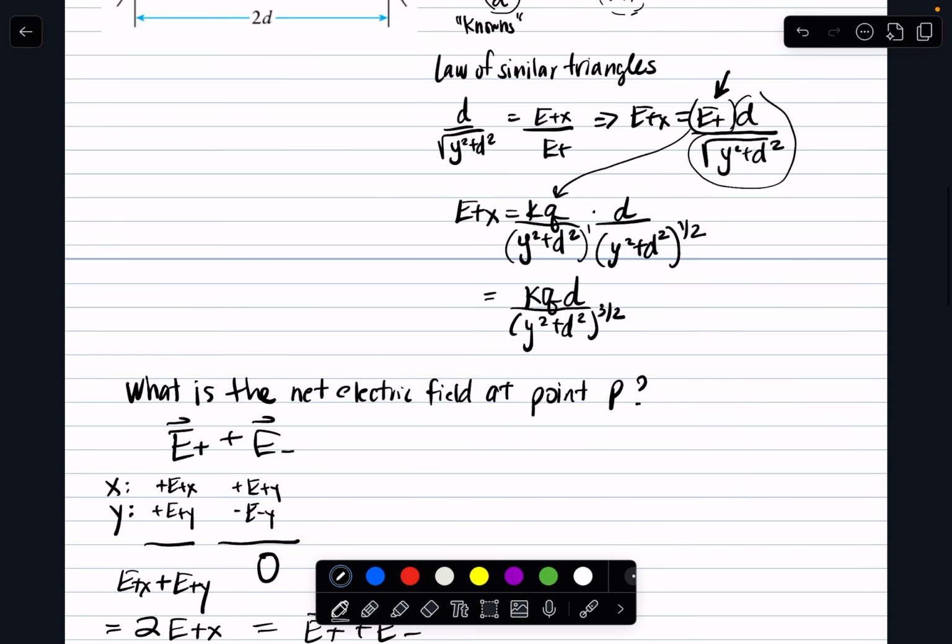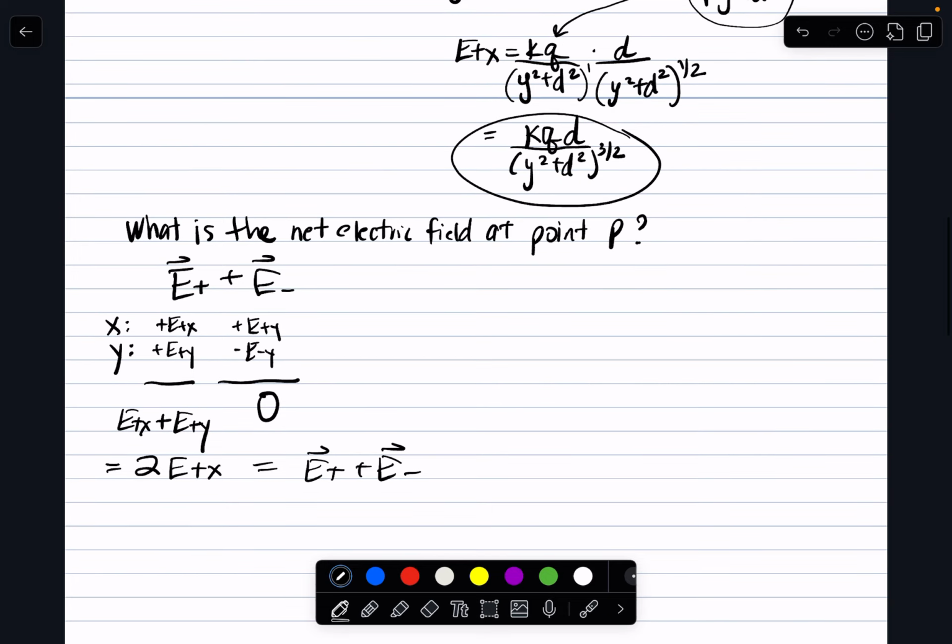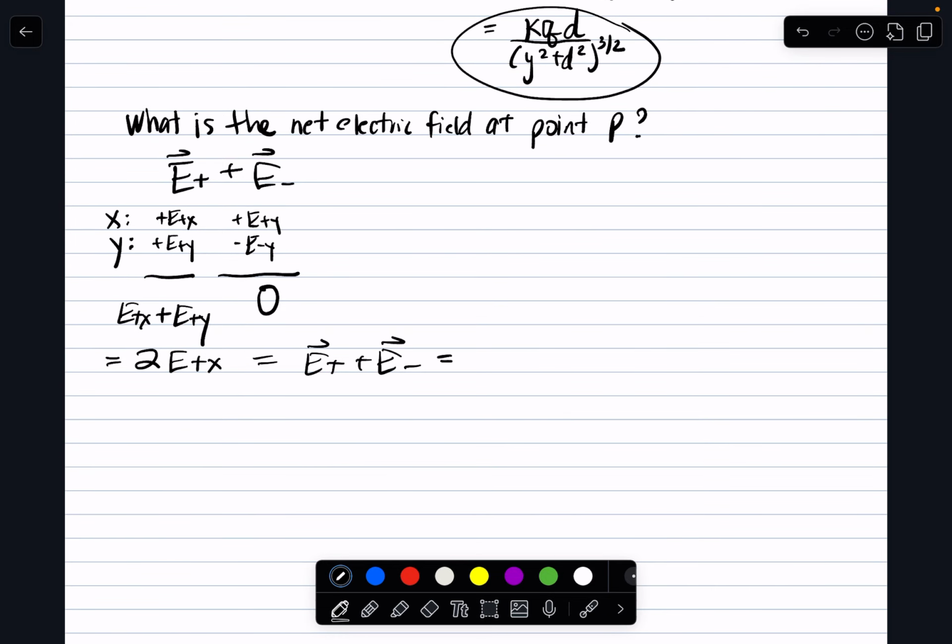So here's E plus X. We need to multiply that by 2. And when we do, we get 2kqd over y squared plus d squared to the 3/2 in the x direction. Okay, that's the total.